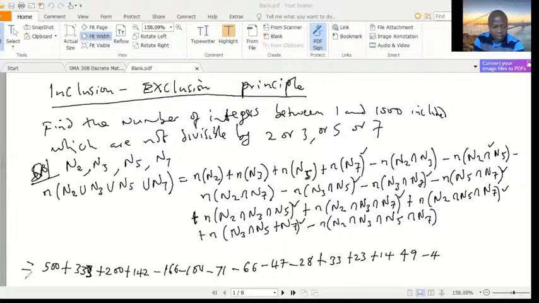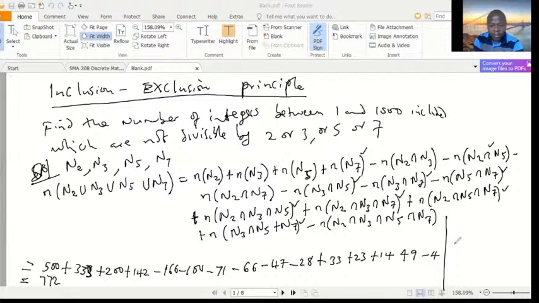So when you do this, what you get is 772. So 772 are the numbers which are divisible by 2, plus those which are divisible by 3, plus those which are divisible by 5, plus those which are divisible by 7. So the question is, how many are not divisible by any of these?